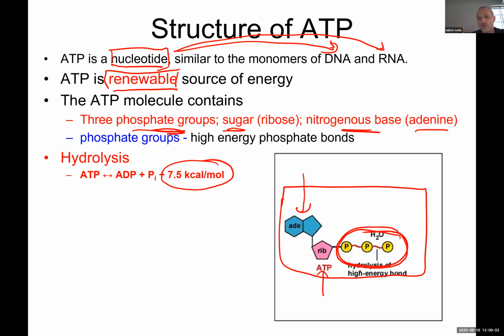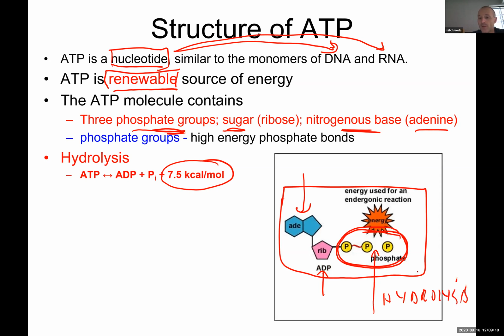Now, all the energy that we talk about is stored in this bond right here. When the cell needs energy, this bond is going to be broken down through the process of hydrolysis. We learned this a while back. When we put this bond back, the process is called dehydration.